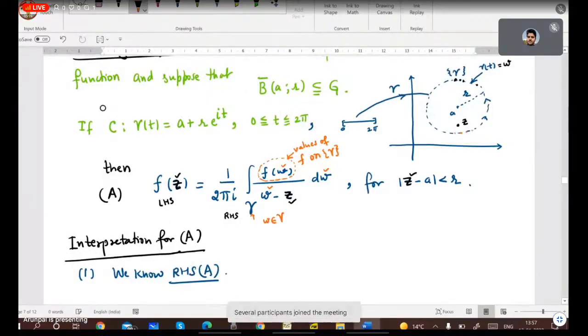On the boundary of this circle, the w's are on the boundary, and you know the values of the function at these boundary points. Right, class?